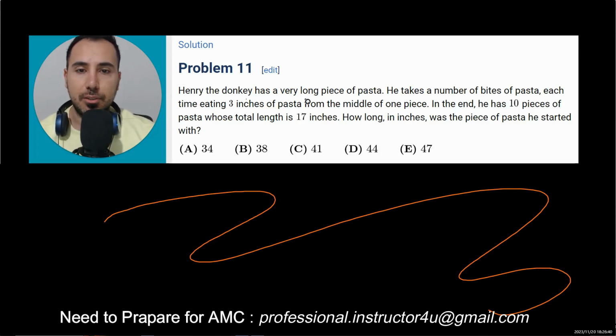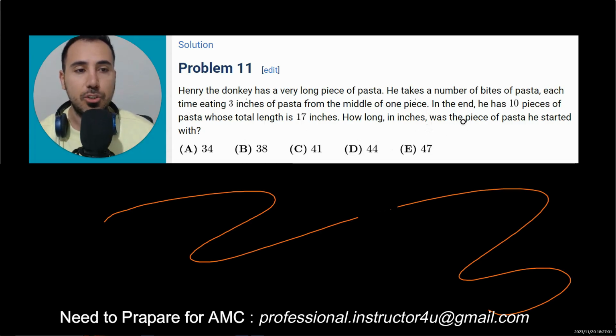Henry the donkey has a very long piece of pasta. He takes a number of bites of pasta, each time eating 3 inches of pasta from the middle of one piece. Imagine this is very long and I'm going to eat 3 inches. Bang, bang. So now we have 2 pieces and 3 inches are gone.